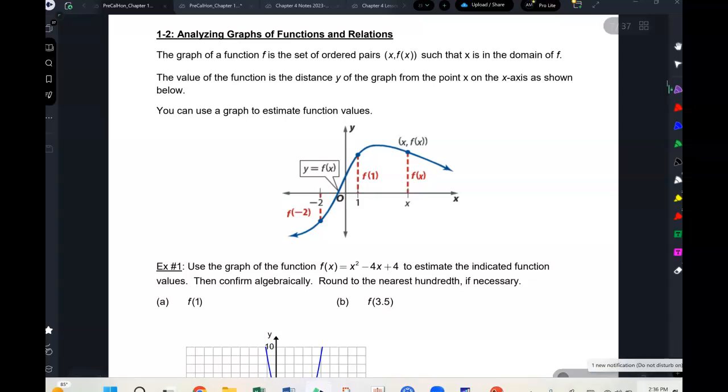Basically, if you put in a set of values into the function and list the values of x, f of x, x, f of x, x, f of x, and then plot all of those and graph them, what that maps out is the graph of a function. Okay?